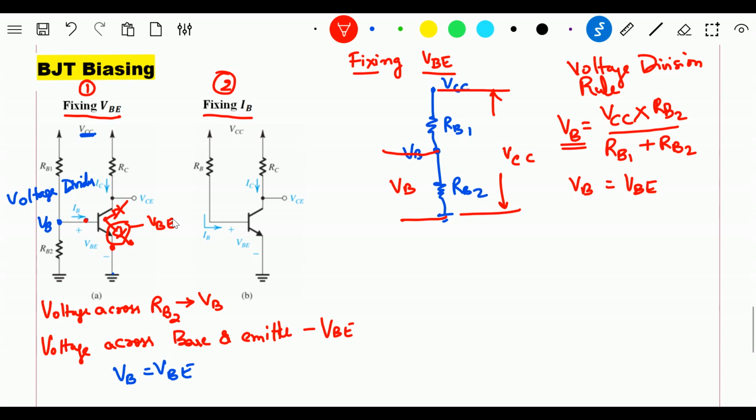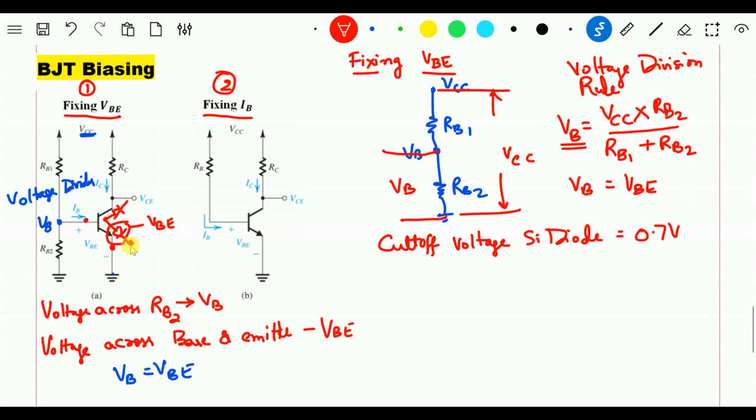Once we know it is silicon based, we know the cutoff voltage of any silicon diode is equal to 0.7 volts.